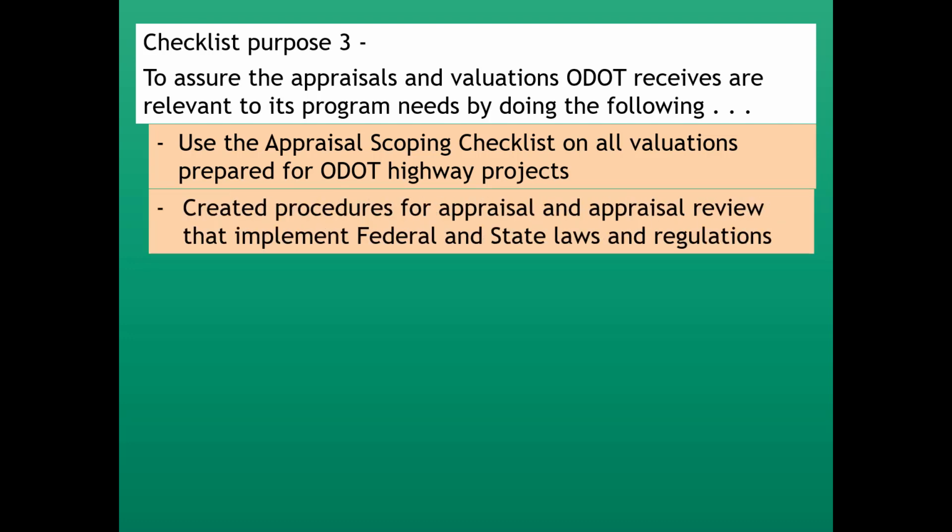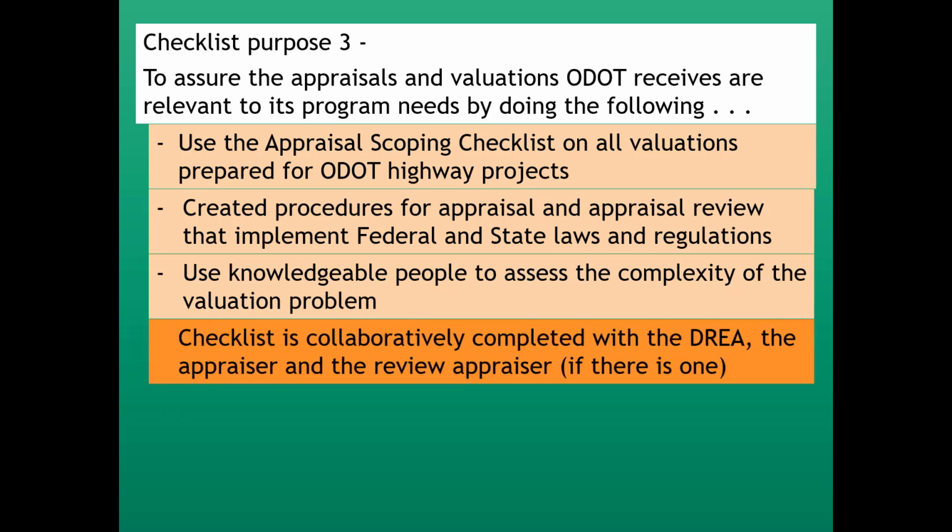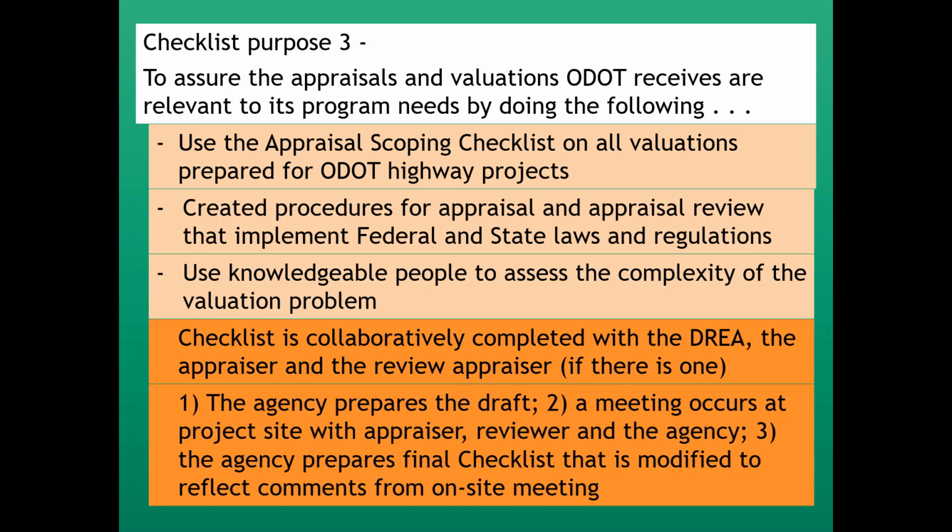We've created procedures for appraisal and appraisal review that implement the federal and state laws and regulations, and we use knowledgeable people to assess the complexity of the valuation problem. The checklist is collaboratively completed with the district real estate administrator, the appraiser, and the review appraiser, if there is a review appraiser on this parcel.